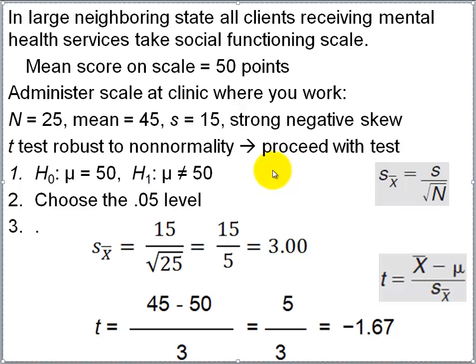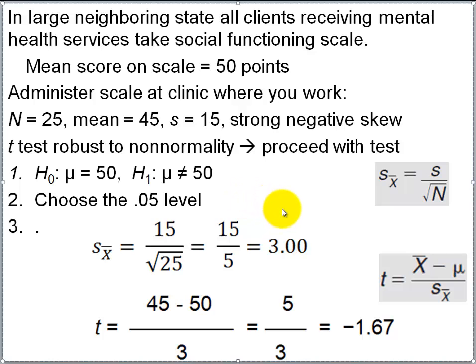The first step in our hypothesis testing model is to state a hypothesis pair. So our null states that the population mean at your clinic is 50. The alternative states that that mean is not 50. The second step is to choose a significance level, and we'll choose the most commonly used significance level, the 0.05 level.